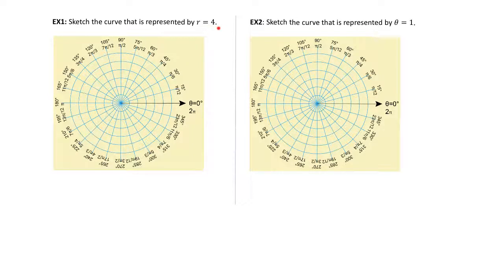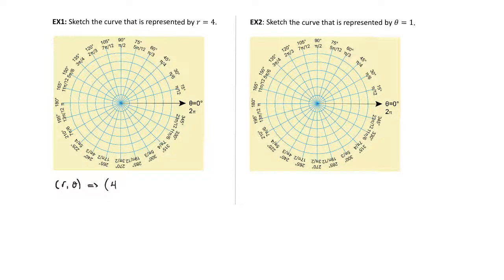If you notice, theta doesn't appear. What is important here is that r, the radial length, is equal to 4. That means that theta can be anything. Remember the coordinates of a polar point, (r, theta). So if r is equal to 4, all that is important is that we keep that radial length consistent.